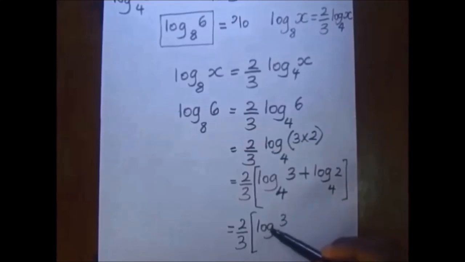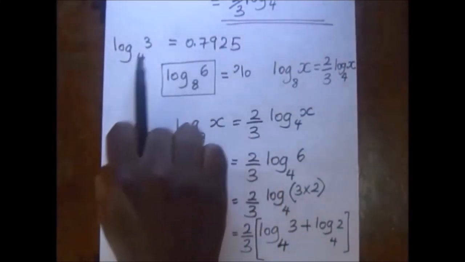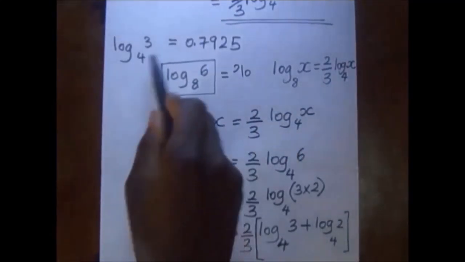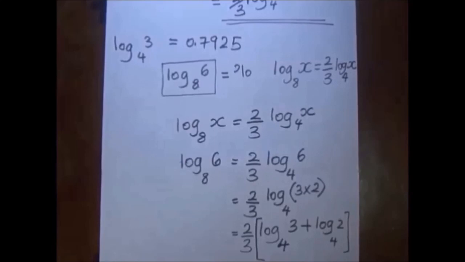Now we already have log of 3 base 4 from our question. It says that log of 3 base 4 is 0.7925. So at this point we simply substitute for that. But then we have this, and we're not supposed to use a calculator, but we're just supposed to find what it is. So log of 2 base 4, we convert this logarithm to base 2. So it's going to become log of 2 base 2, divided by log of 4 base 2.